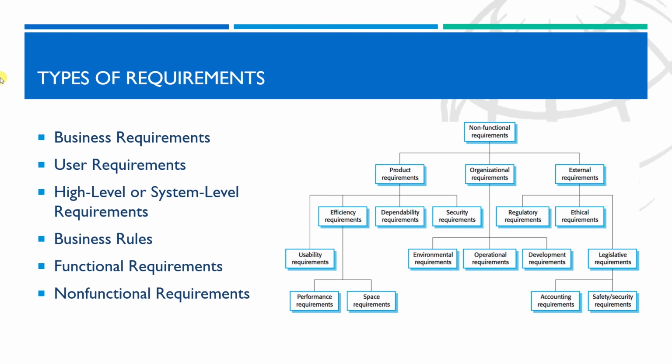The next is the functional requirements. Functional requirements are an important category of the real requirements. Functional requirements describe what the system or software must do. A function is a useful capability provided by one or more components of a system.